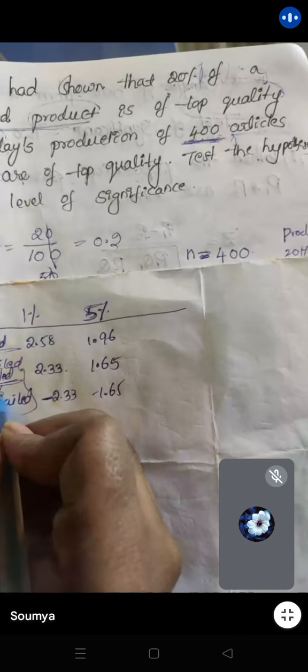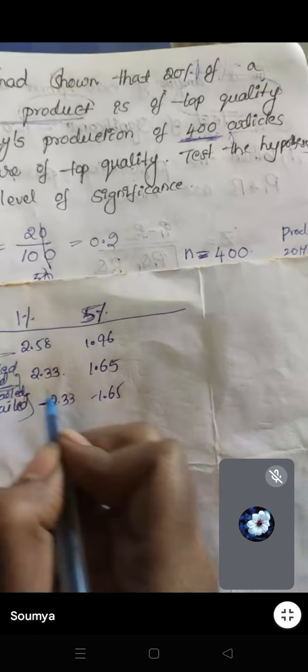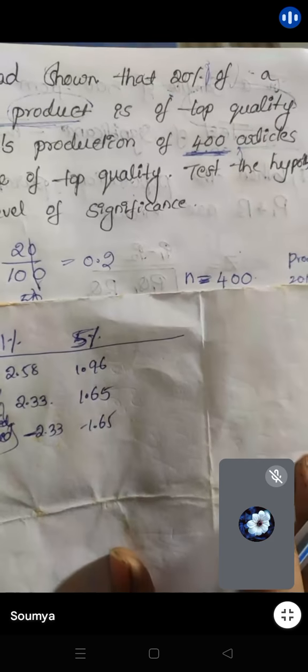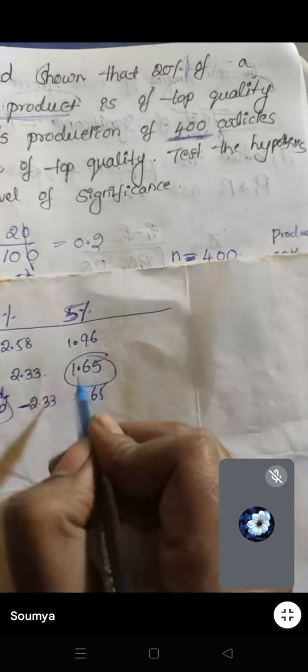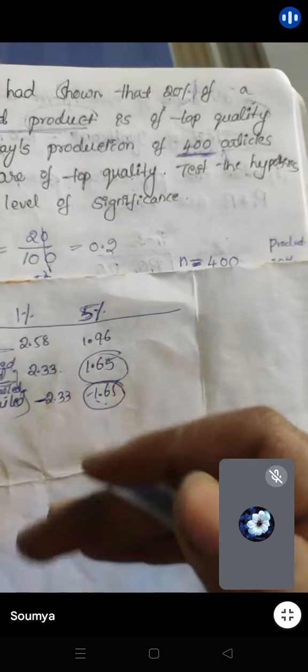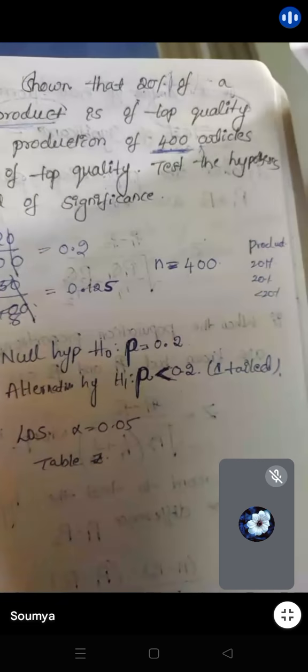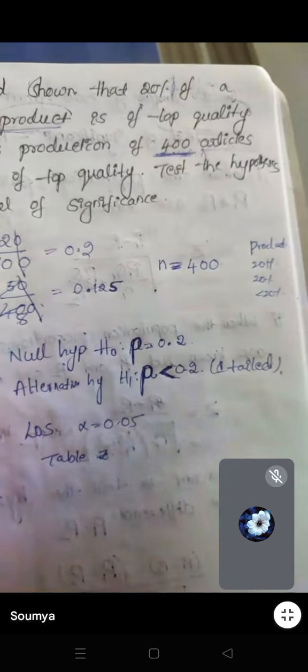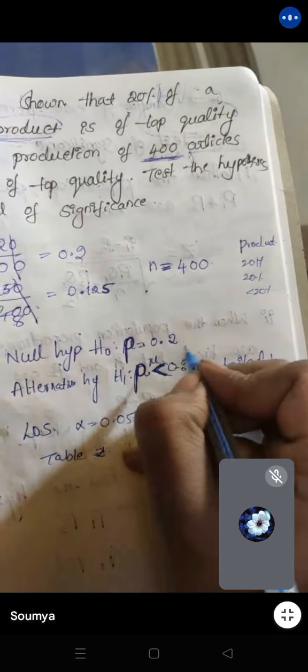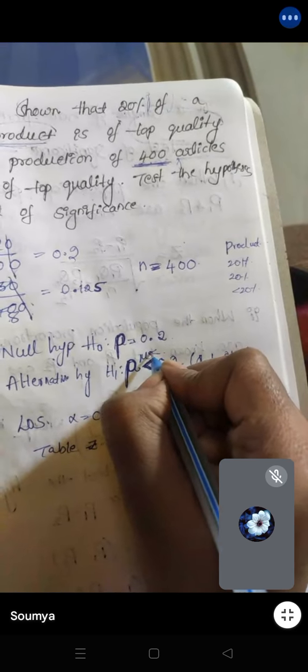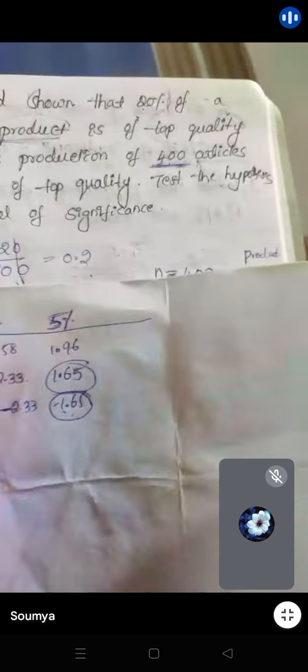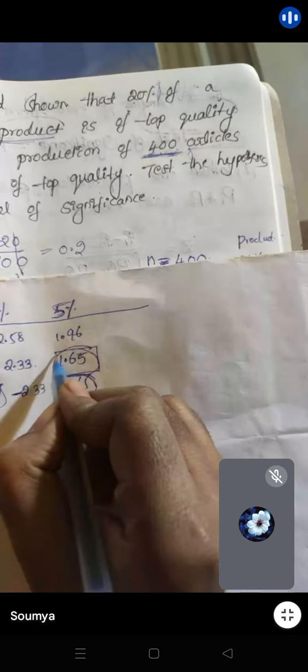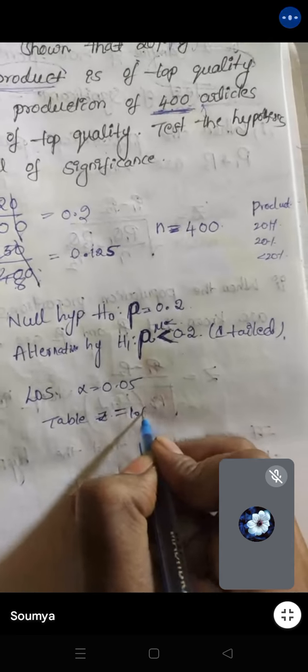Right and left tail means one tail. According to the question, less than means you go for the left tail. According to the symbol you will take, but don't take minus. So what is the Z value? 1.65.